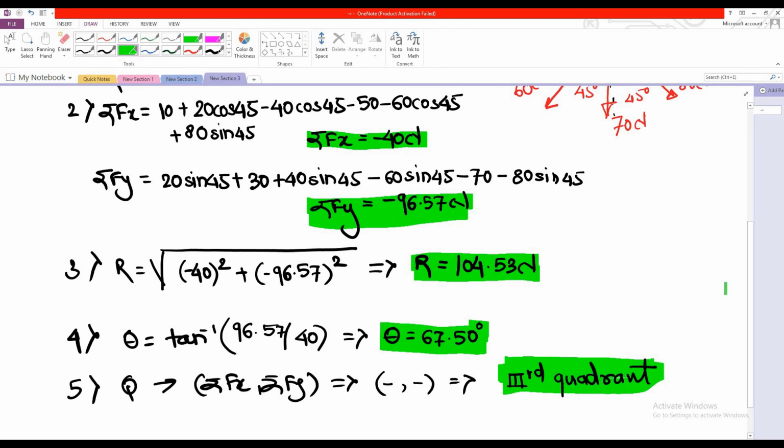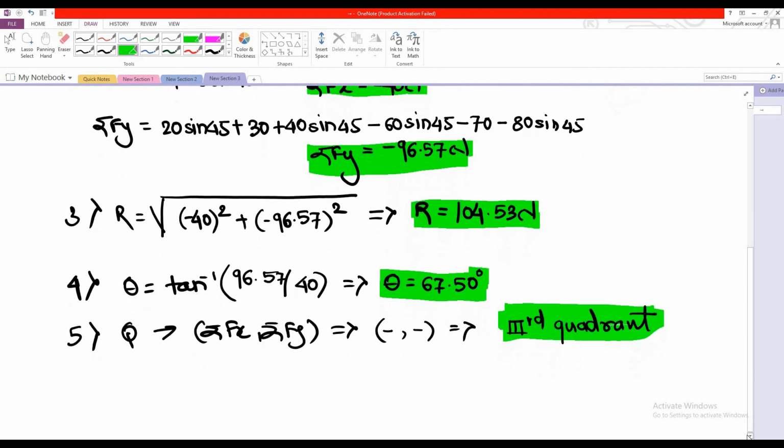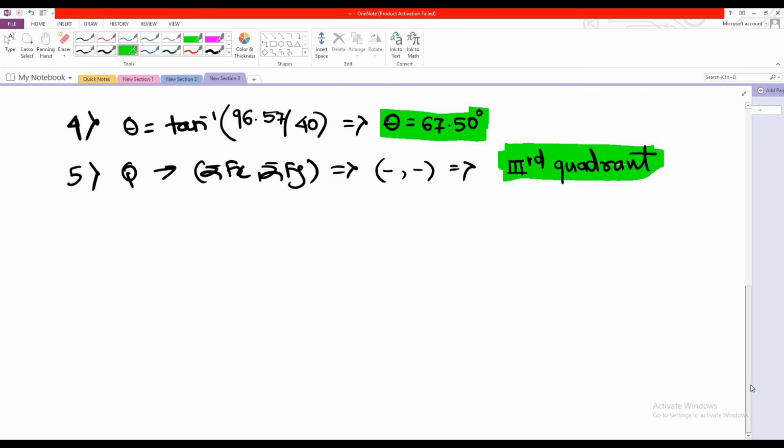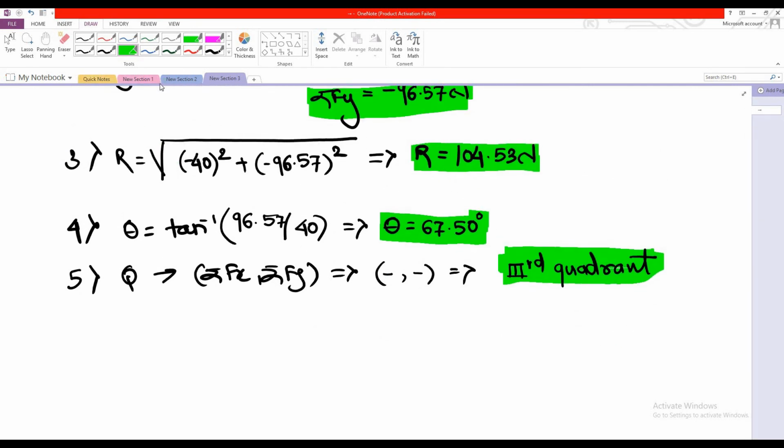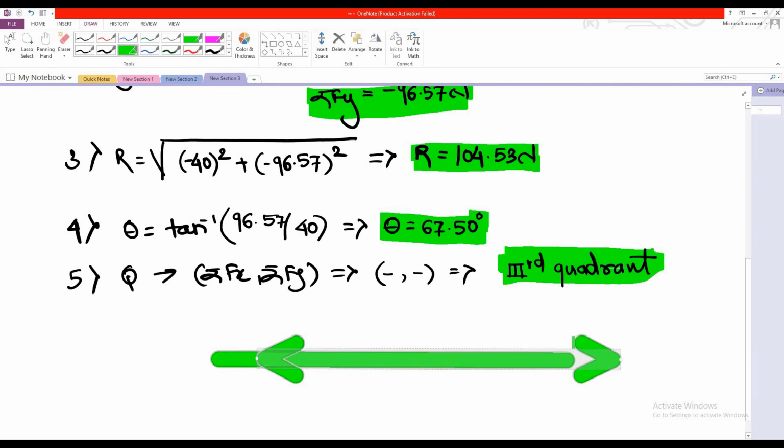Okay, now we have enough sufficient necessary data in order to show the resultant in the quadrant and in its very position. Therefore, let's try to draw xy axis system. Okay, that's too thick, I think.